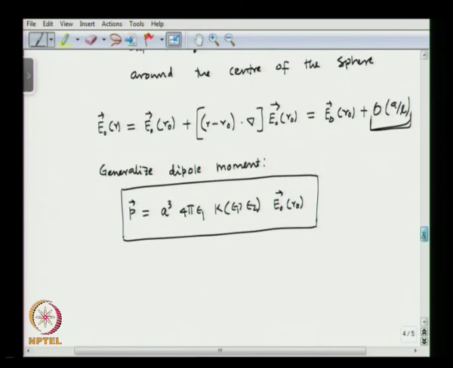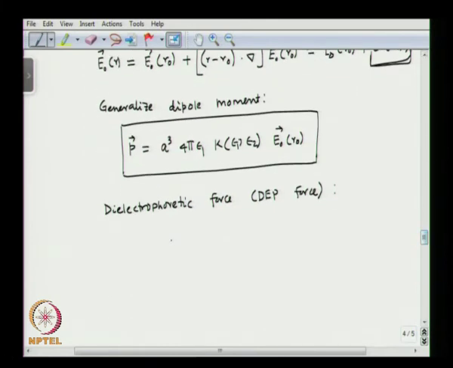So now we can determine the dielectrophoretic force, or the DP force, and we had looked at the formula to do that.